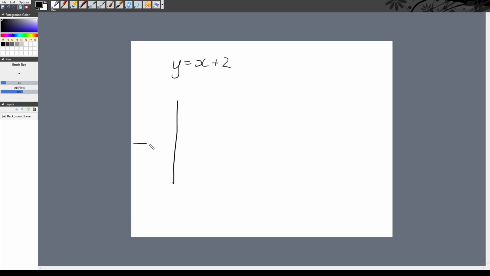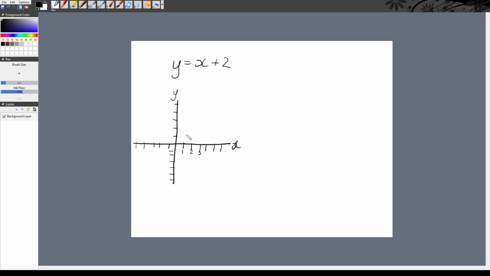So I have my y-axis and I have my x-axis. Now, here I have some values going up by ones, and then I have some negative values going down here.